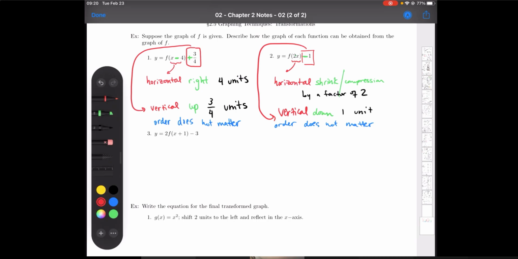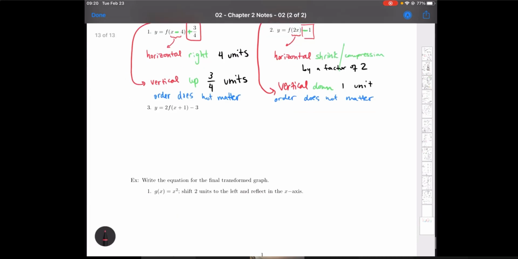All right, let's do this thing again. What transformations do we see? What are some that stand out to you, or at least give you clues to how to approach this one? The 2f is outside of the x plus 1, so it's going to be a vertical. Very good. So we see this right here.